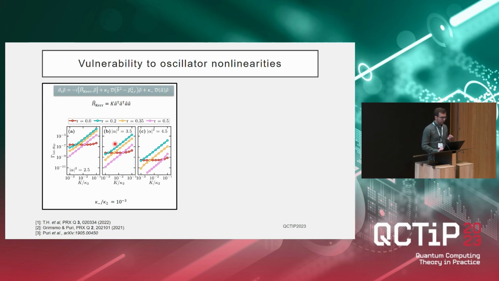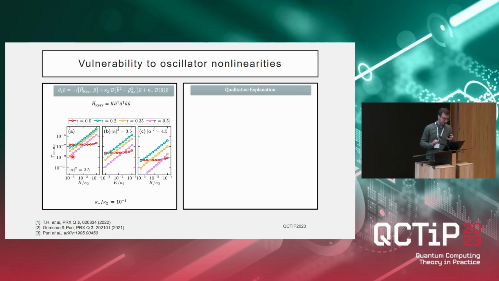While the ordinary cat qubit is basically not affected by it over an exponential range, the squeezed cat qubit immediately performs much worse. The bit flip rate will linearly increase, which is not so great. But actually, that's kind of expected, and we have a qualitative explanation for this, with multiple reasons.